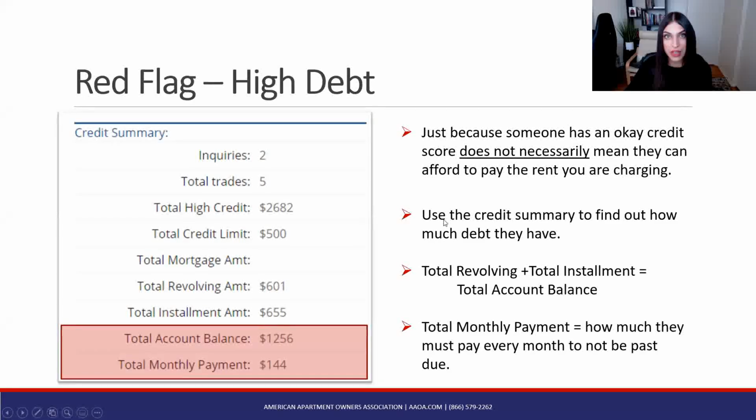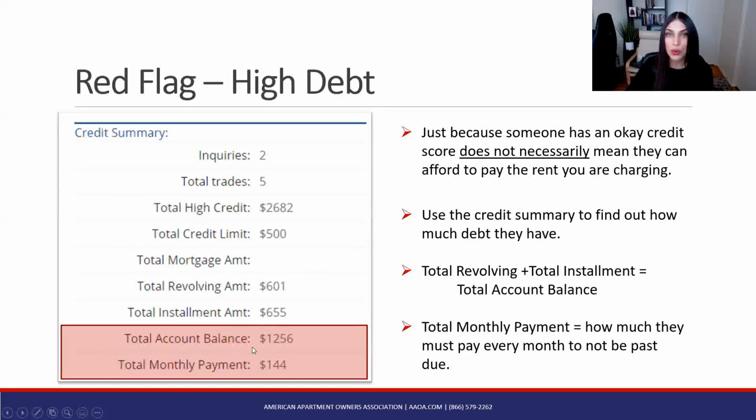The most important thing you should do is use the credit summary to find out how much debt they have. That is one of the main purposes of a credit report. And right here, we see the total account balance. That is adding the mortgage, the revolving, and the installment amount. So these are all three different types of debt.